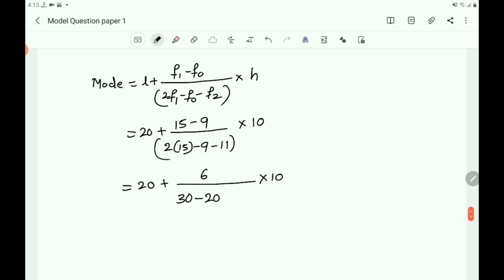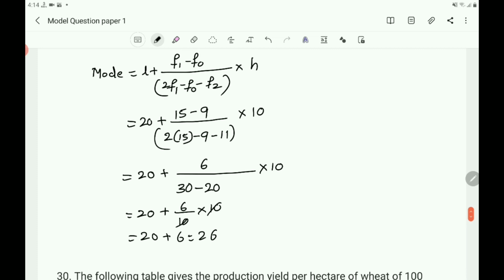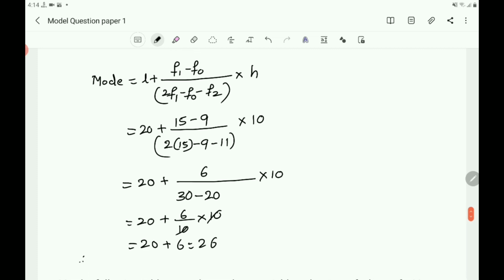Then you write that equals 20 plus 6 by 30 minus 20 is 10 into 10. 10 you can cancel. So you got 20 plus 6 equals 26. Therefore mode equals how much? 26.